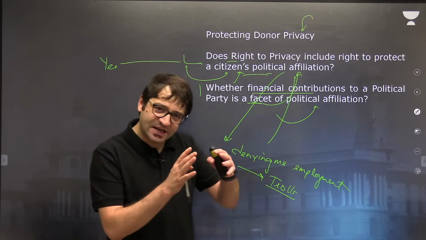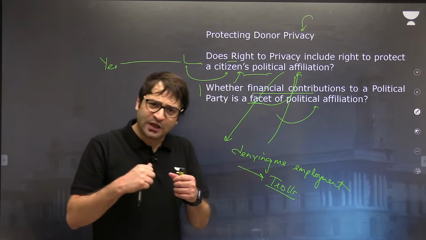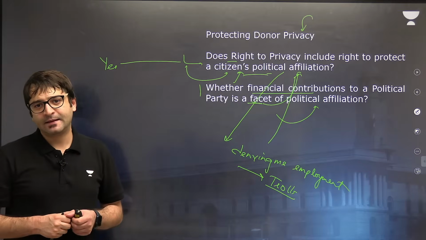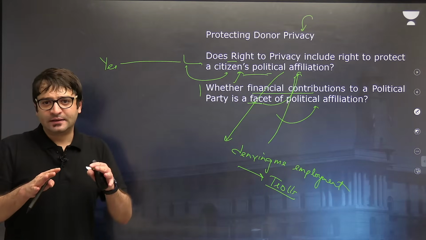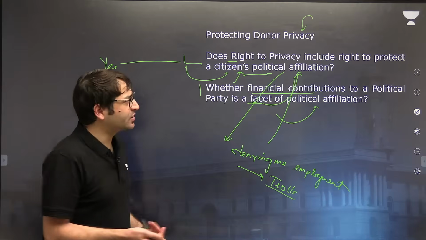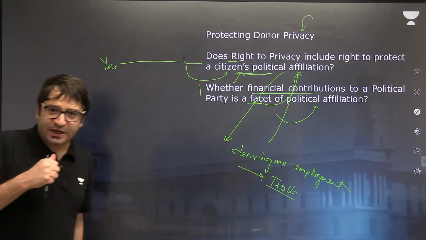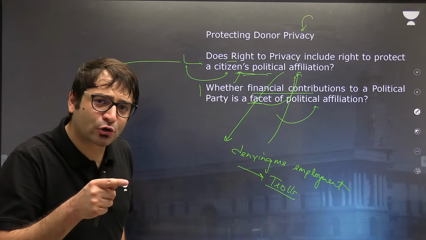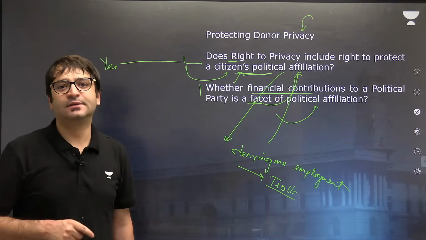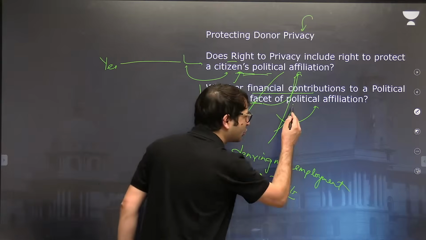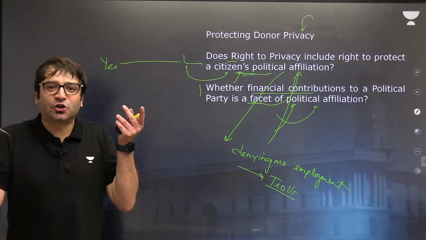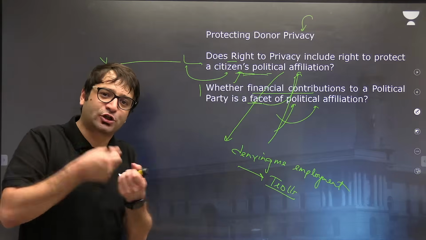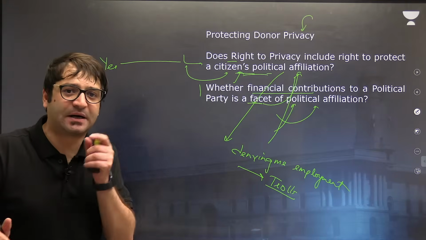If right to privacy is a fundamental right, the donor also has the right to privacy. And now you have agreed that right to privacy includes the right to protect my political affiliation. Now the corollary should be, don't even disclose to whom I am donating. Make my financial contributions also a facet of my political affiliations, and don't disclose my identity or to which political party I'm donating.